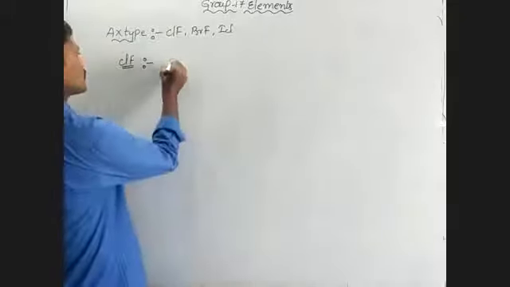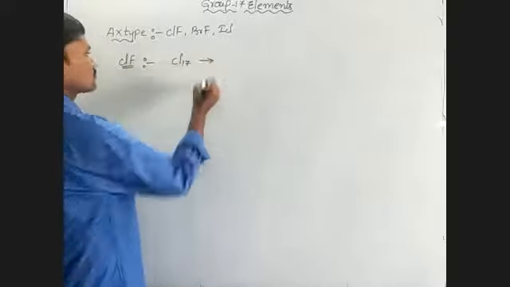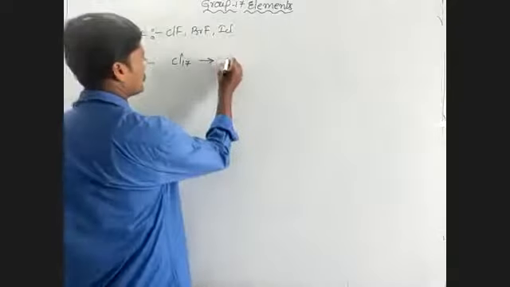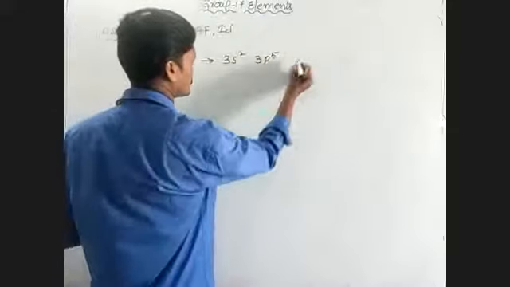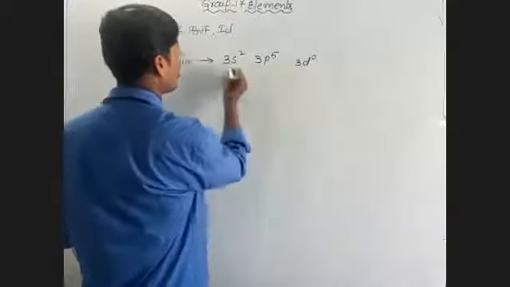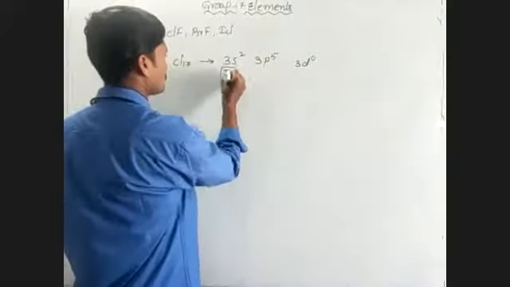In this ClF, chlorine is the central atom. The chlorine atomic number is 17. Its valence shell electronic configuration is 3s2 3p5 3d0.